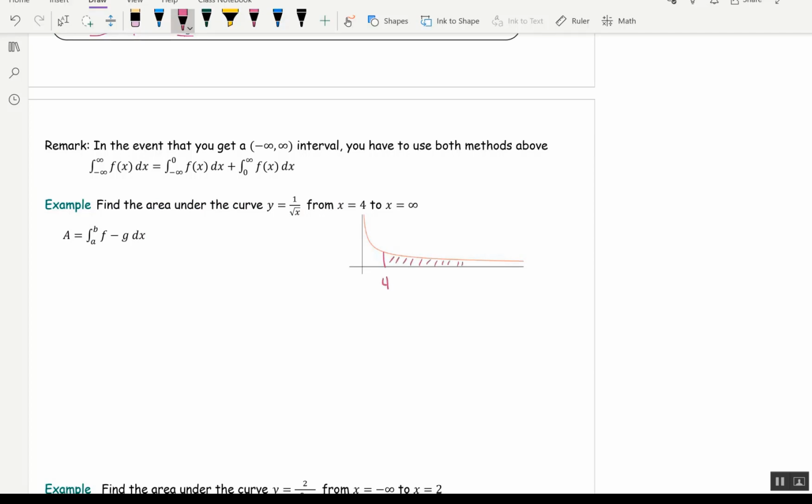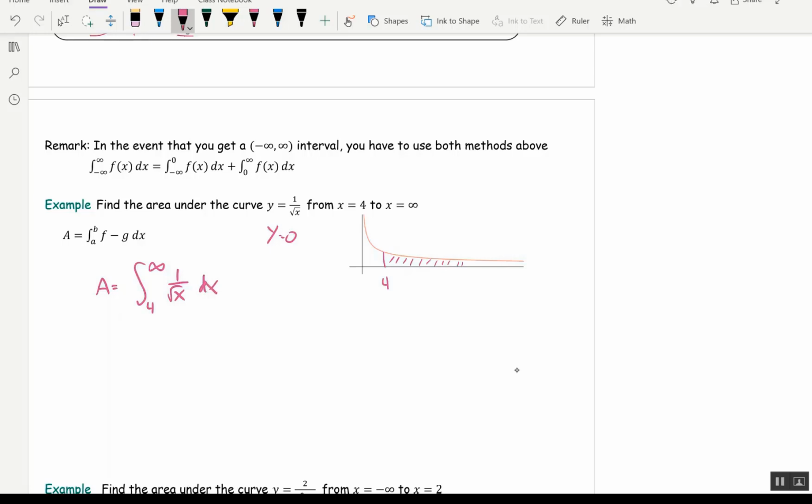And so remember, the formula for the area under the curve is the integral of top curve minus bottom curve. In this case, the bottom curve is y equals 0 because it's the x-axis. The area is going to be the integral from 4 to infinity of top curve, which is 1 over root x, minus bottom curve, which is 0, so I'm not going to write minus 0, dx.